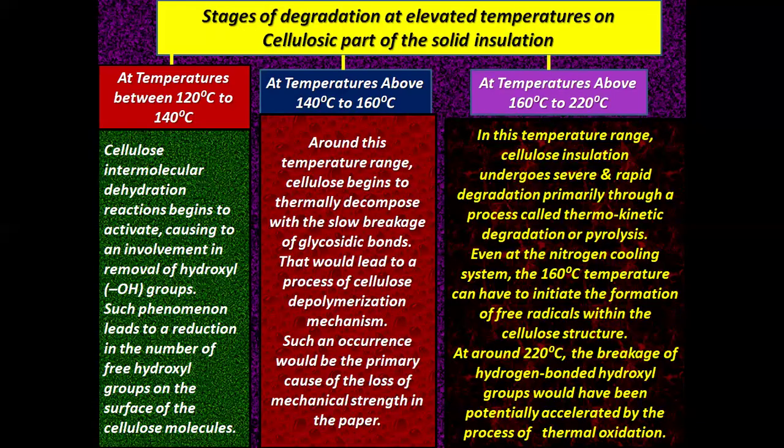Even in a nitrogen cooling system, a temperature of 160 degrees centigrade can initiate the formation of free radicals within the cellulose structure. At around 220 degrees centigrade, the breakage of hydrogen bonded hydroxyl groups is potentially accelerated by the process of thermal oxidation.